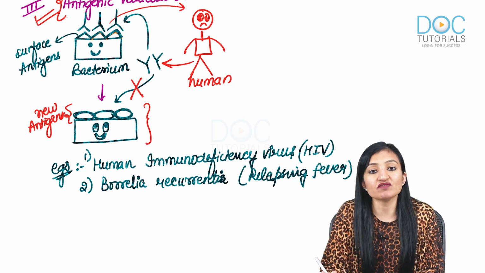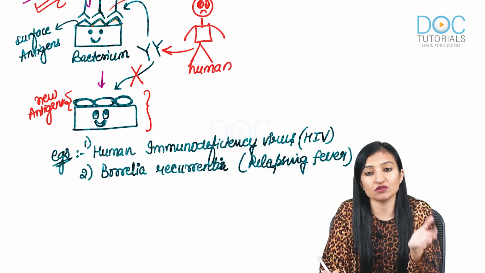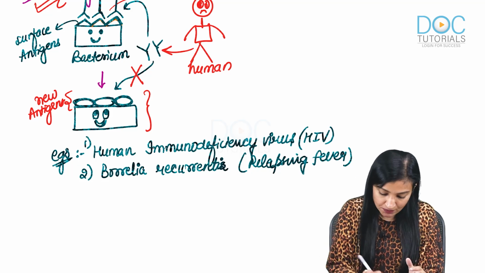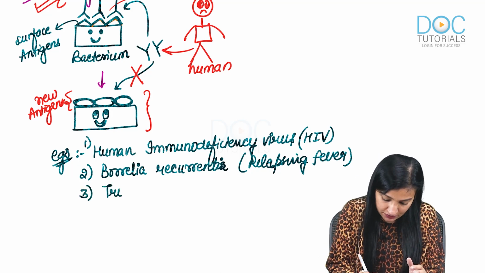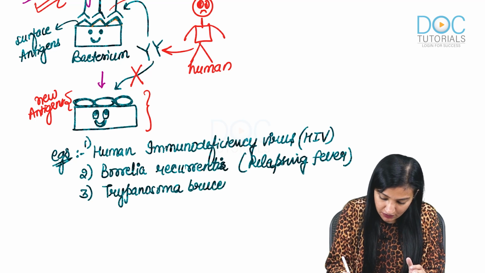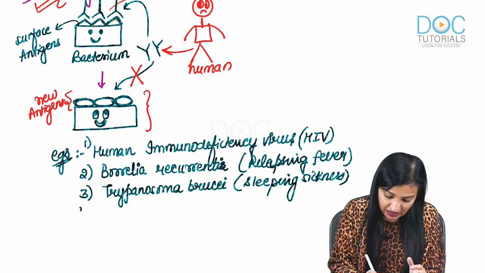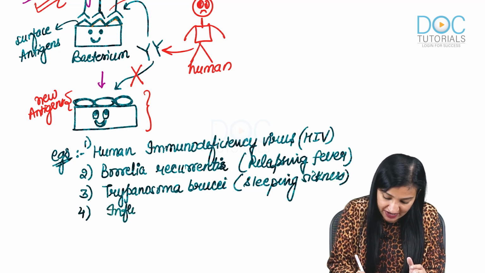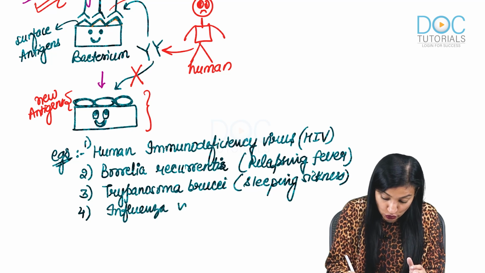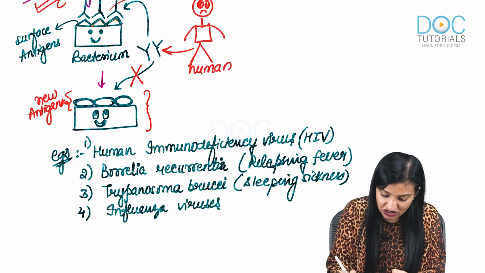The relapses of fever are because of antigenic variation. Then we have Trypanosoma brucei, which causes sleeping sickness. Then of course we have influenza viruses, notorious for showing antigenic variation.